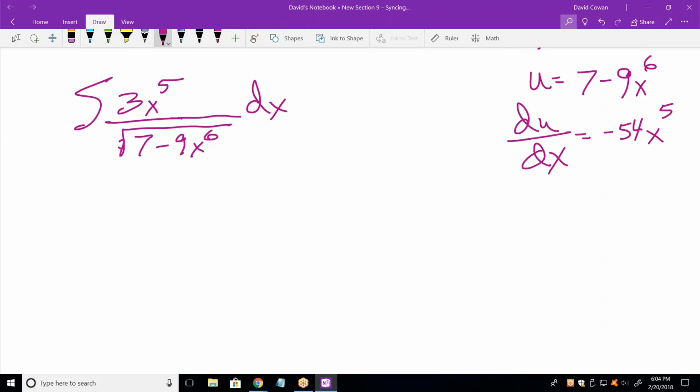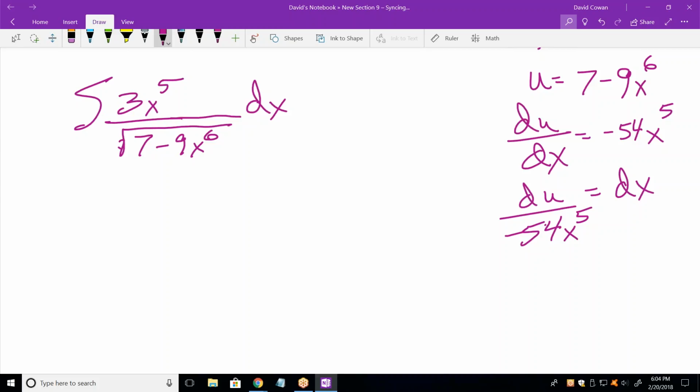And that makes dx equal du divided by minus 54x to the fifth. So the name of the game is, can I write this as a function or as an integral in u? Well, it looks like I can.